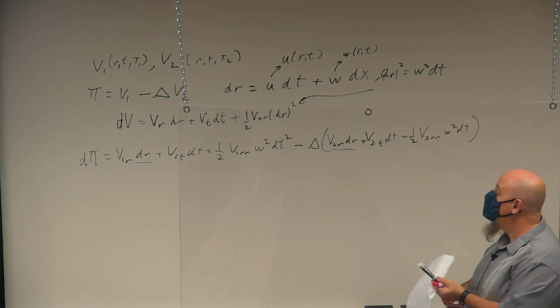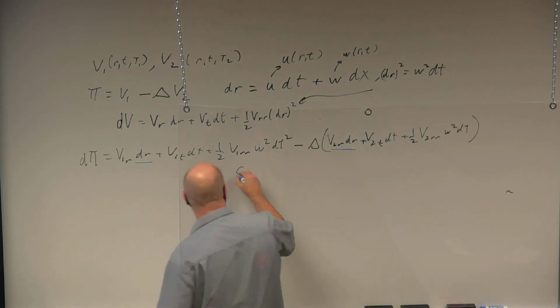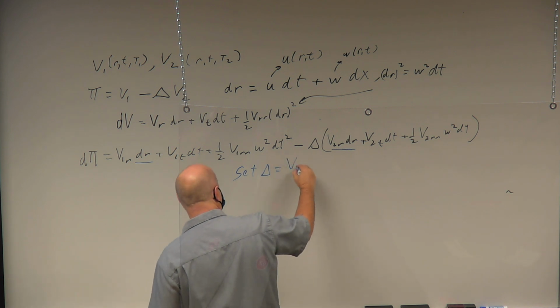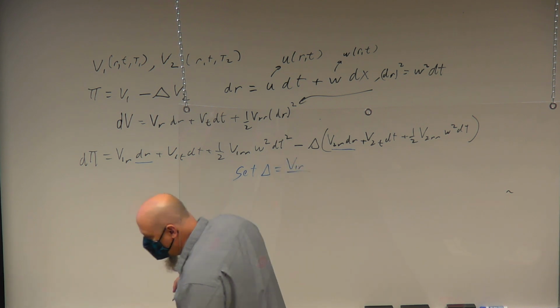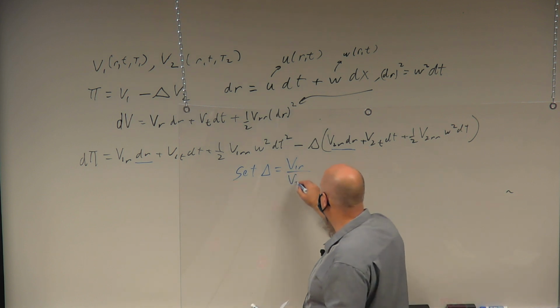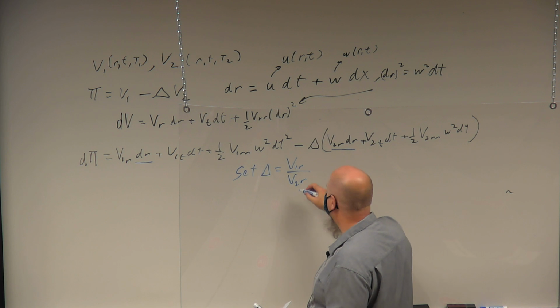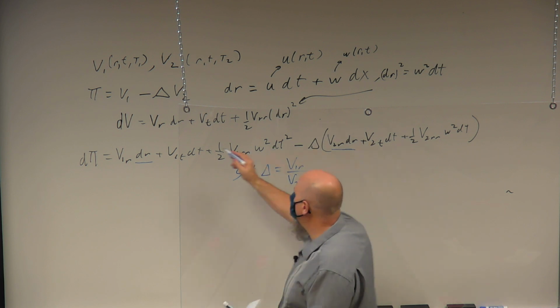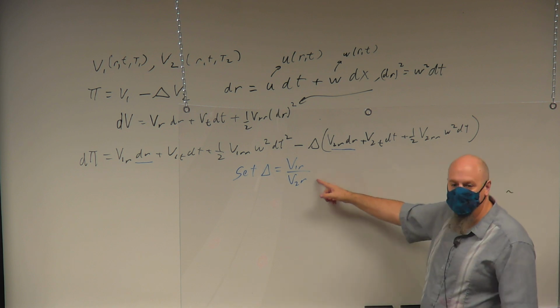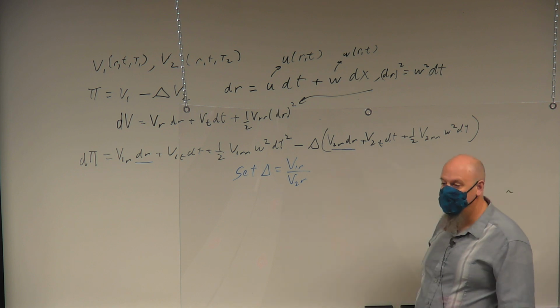So that's where we set delta equal to the derivative of bond 1 with respect to r divided by the derivative of bond 2 with respect to r. And that will cancel these pieces out, getting rid of the randomness. This is us hedging.